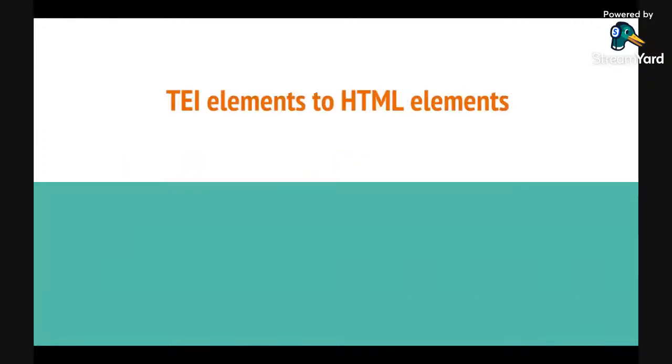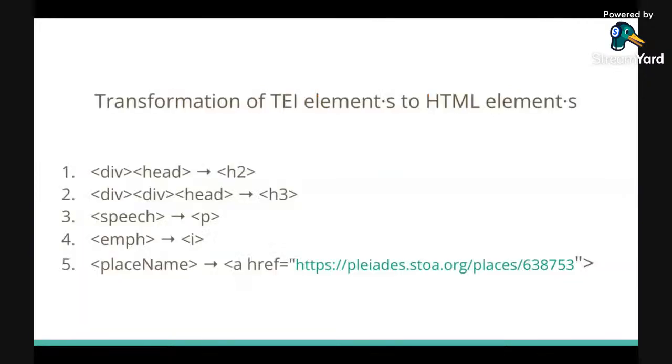The second category of content that we might create using XSLT in our HTML file is replacing the TEI elements, which are largely semantic elements, with HTML elements, which are largely renditional elements. And I say largely because in both cases there's a little bit of wooliness around that.